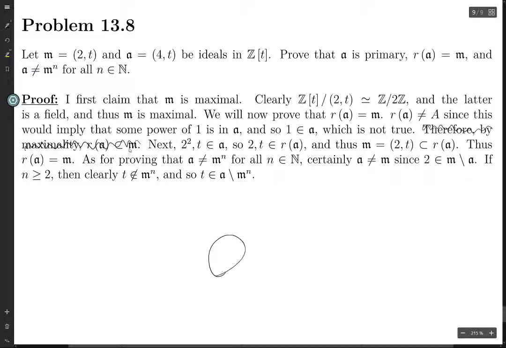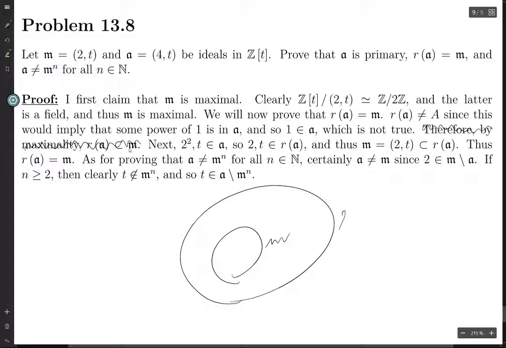So let's draw a picture, because I like pictures. Let's say we have our maximal ideal m, and we have our ring A. To say that m is maximal means that if you have some ideal in between m and A, then this ideal must be either all of m, or all of A. But what if you have an ideal that's like this?